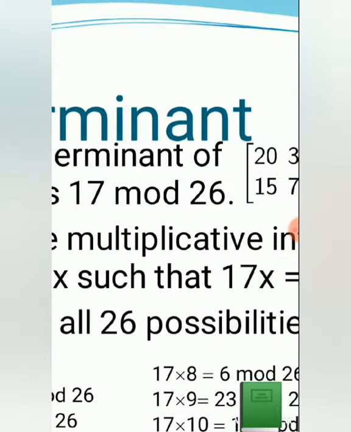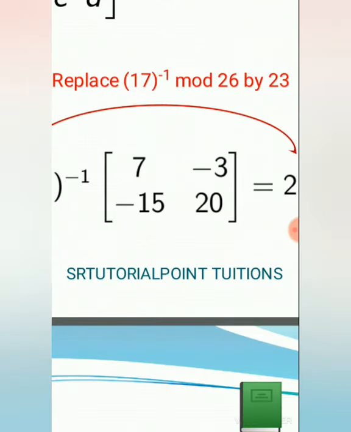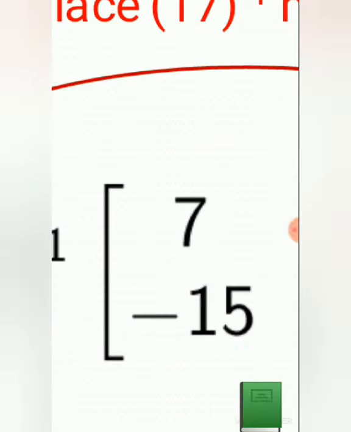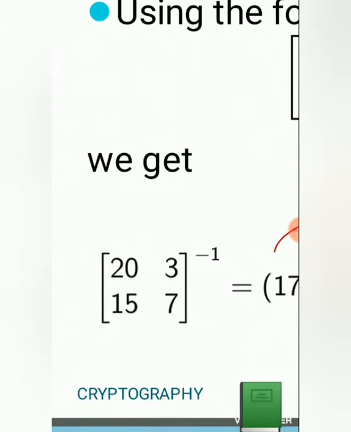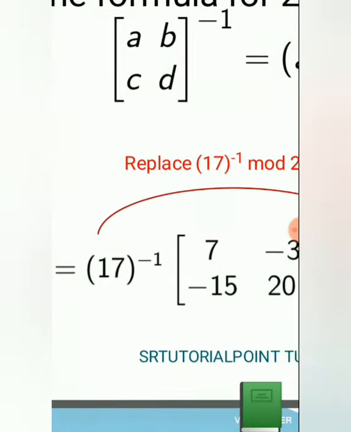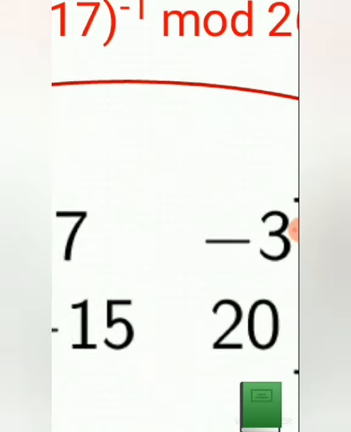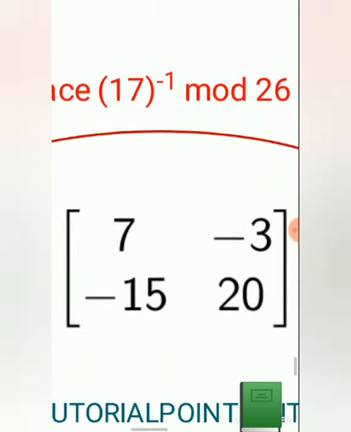A and D are interchanged. 20 is said to be the A value, 3 is B, 15 is C, 7 is D. When taking the adjugate, what will come?